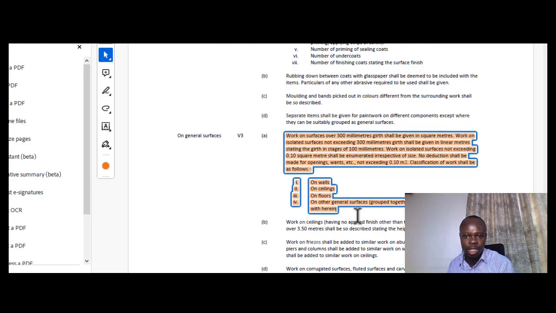So on floors, when you have painting on the floors, maybe painting timber flooring, though this can also be under the floor finishes. Those are the categories of paintworks that you as a quantity surveyor need to take into consideration whenever you are handling such.